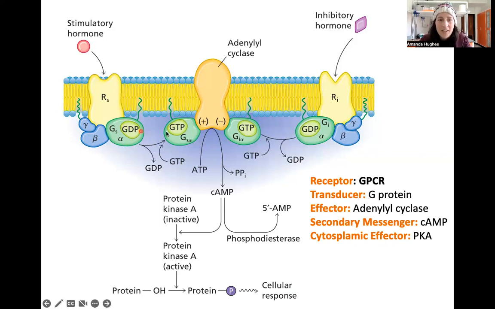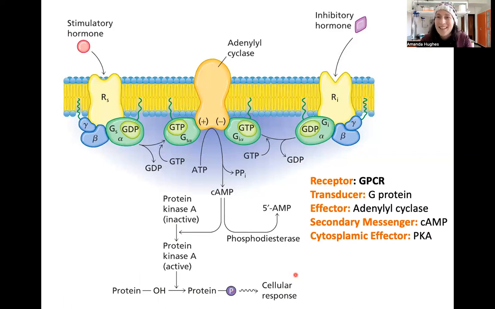The effector enzyme, what the transducer moves the signal to and changes, is adenylyl cyclase. Adenylyl cyclase creates cyclic AMP as your secondary messenger, and then that cyclic AMP can go and bind to protein kinase A, and protein kinase A's activity is turned on, and therefore it can go around and phosphorylate a bunch of enzymes and change their state from active to inactive, or from an inactive state to an active state.